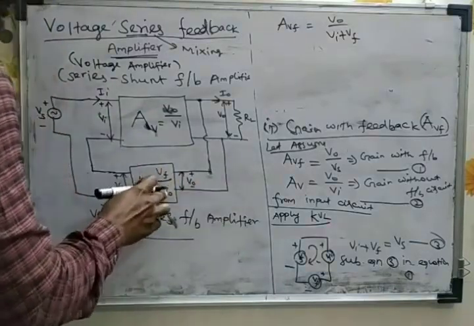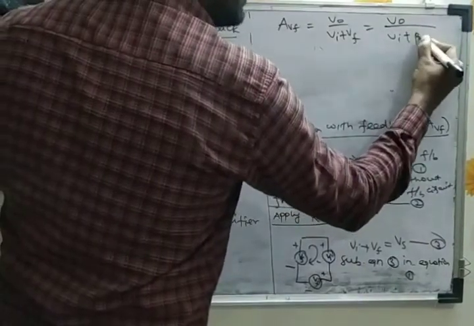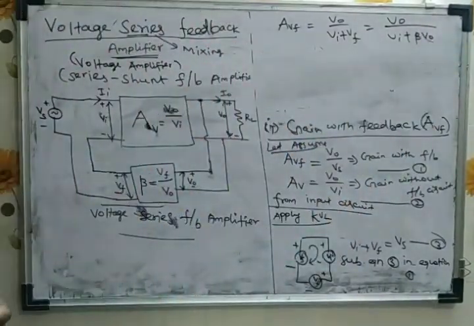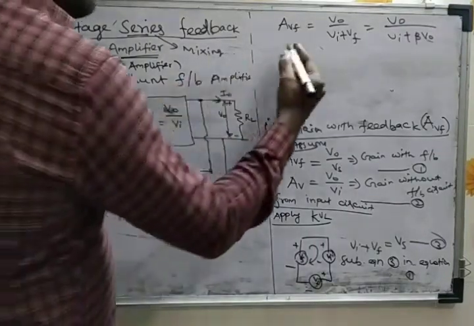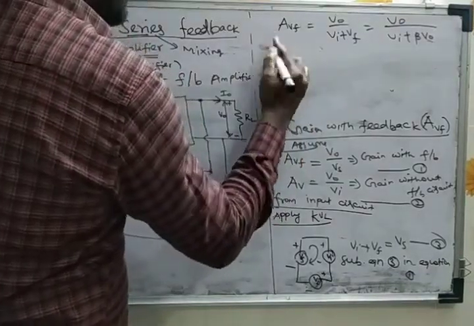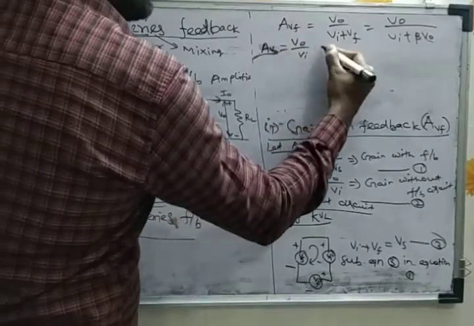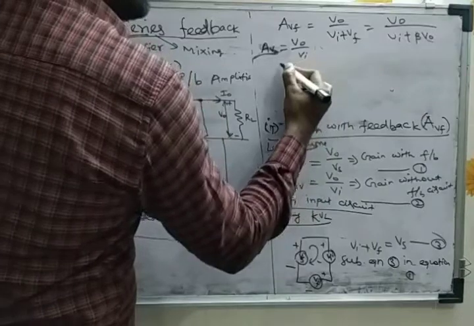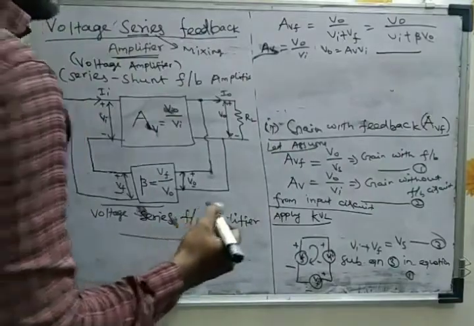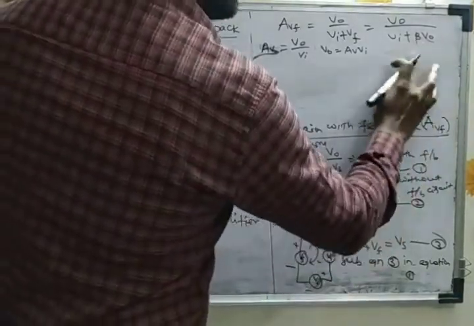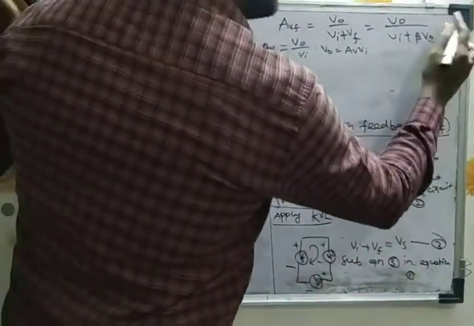So Vf is beta into V naught, so V naught by Vi plus beta V naught. From the amplifier we can replace AV is equal to V naught by Vi. So V naught is equal to AV into Vi. This is equation number 4.